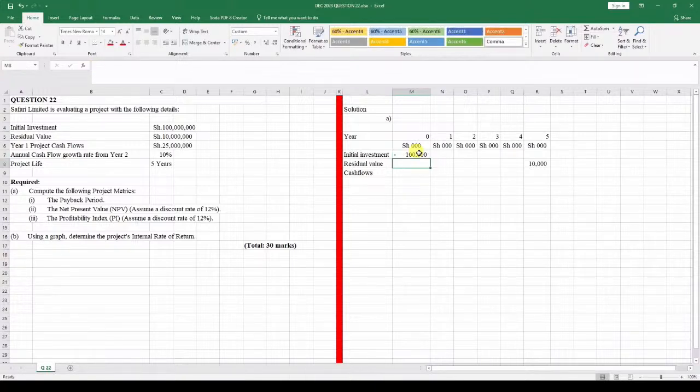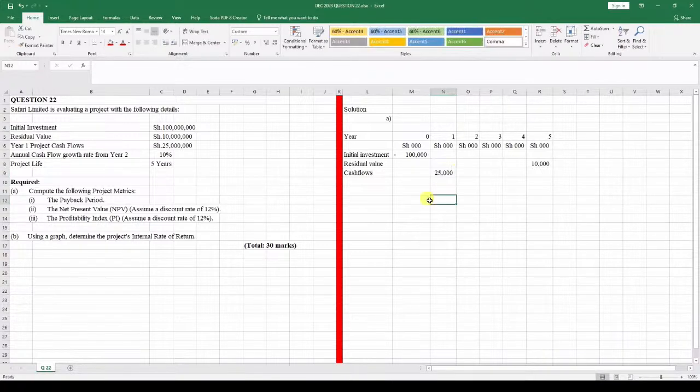We can put the values over here as follows. For year 1, it is 25,000. Not right there, because this is the residual value, the cash flows here, 25,000. This 25 million or 25,000 in our case is going to grow at an annual rate of 10% from year 2.